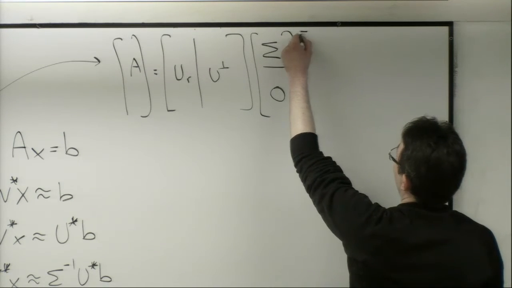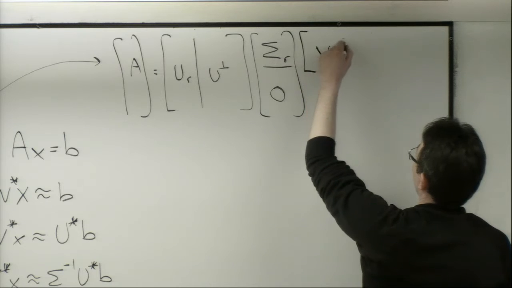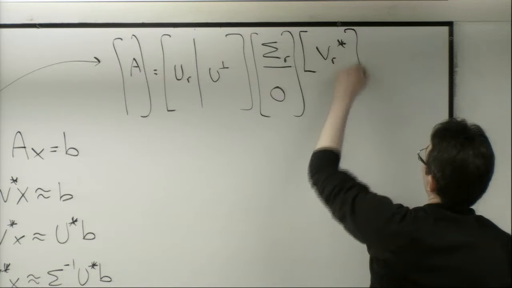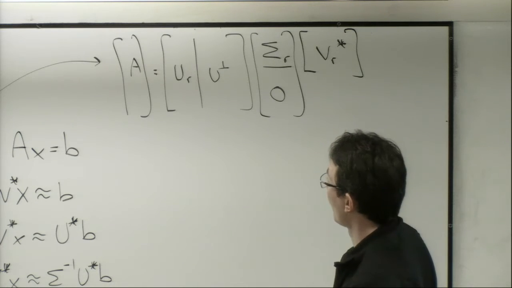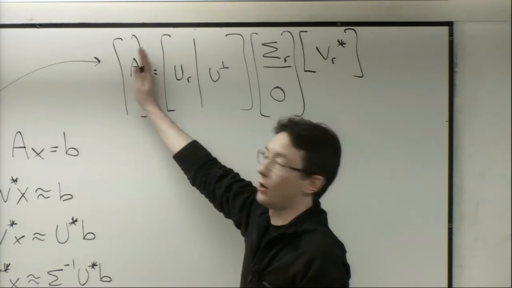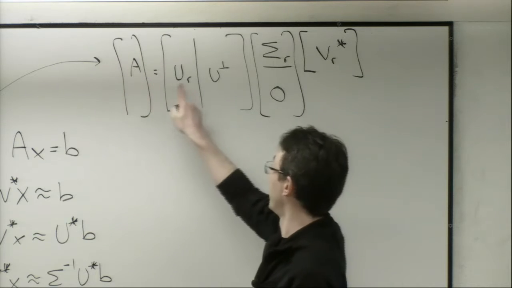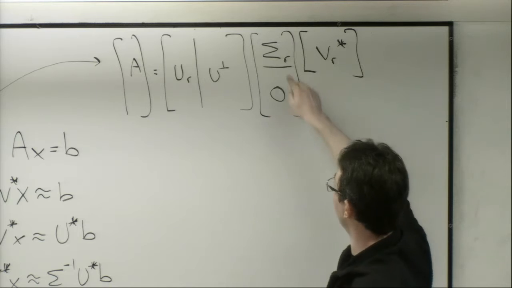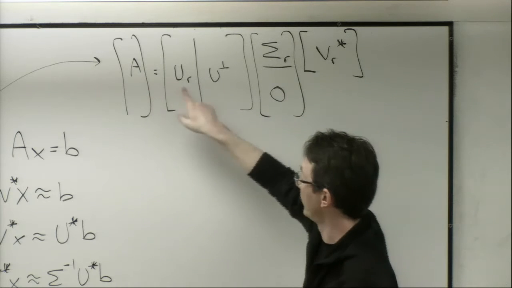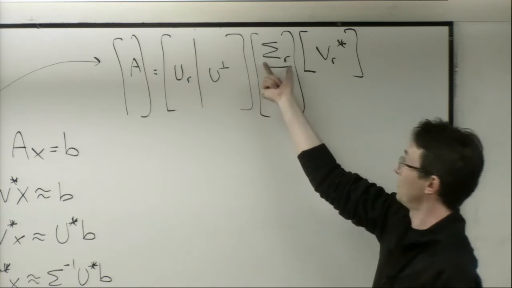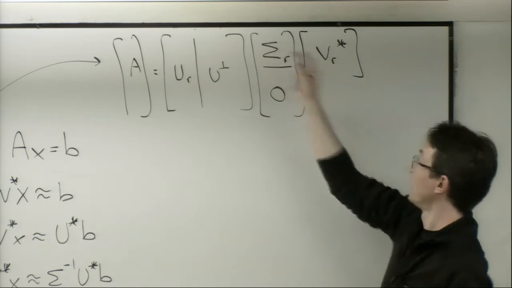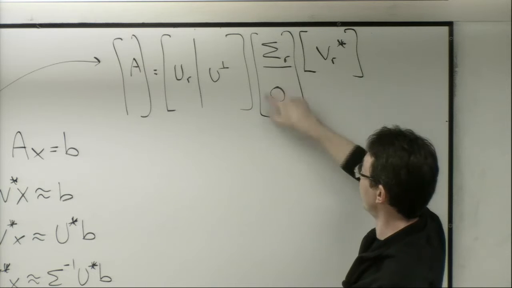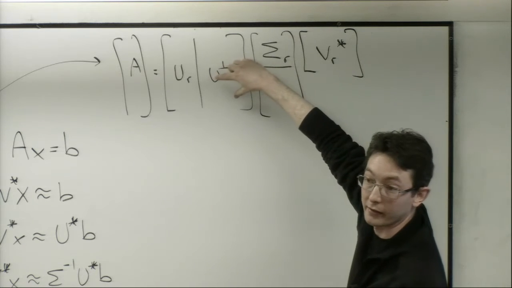And then I'm going to have V_R star. Let's say that this A has full column rank. So the number of columns is equal to R. So basically what I can do is I say that I can break this U into the first part that multiplies my non-zero singular values times my non-zero right singular vectors V. And then everything else is multiplied by this big zero matrix.